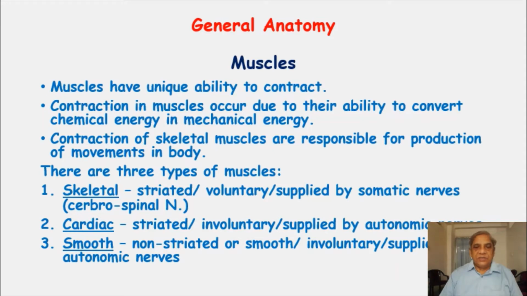When a muscle contracts, especially the skeletal muscle, then it moves at a joint. That means the bone moves at a joint, and this is a mechanical energy. So the chemical energy is converted into the mechanical energy.